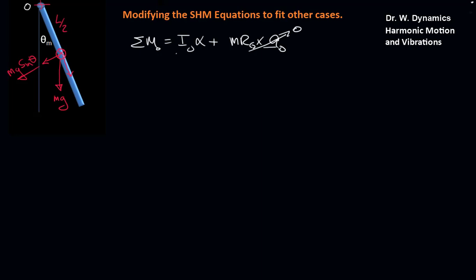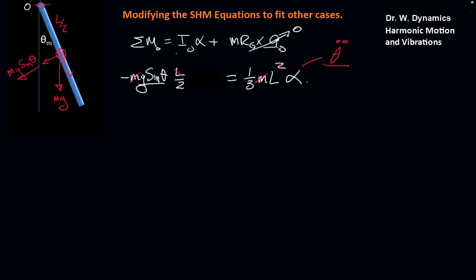And we have then that negative mg sine of theta as the force times the distance, which would be L on 2, will equal I about the end, which would be 1/3 m L squared alpha. And we see that we can divide through by m. One of the L's go, and then that's about it. We also know that alpha is theta double dot.